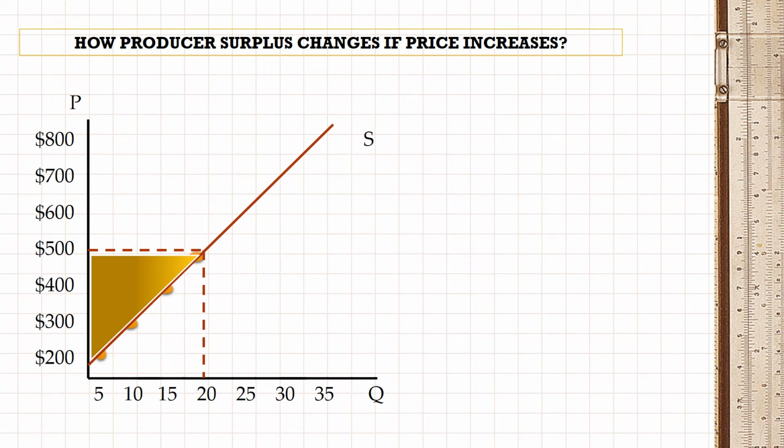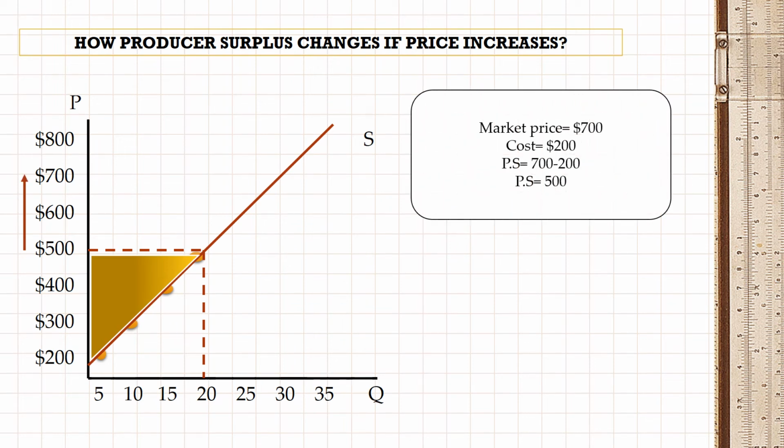As you're clear on producer surplus and how you depict it graphically, let's see how producer surplus changes if price fluctuates. In this scenario, the price is increasing. So initially, the market price is $500 and your cost is $200. So you earn producer surplus of $300. But suppose due to some reasons the market price rises from $500 to $700.